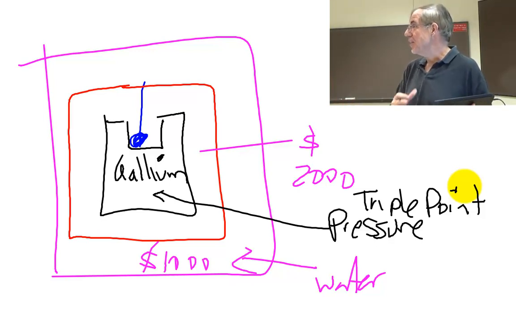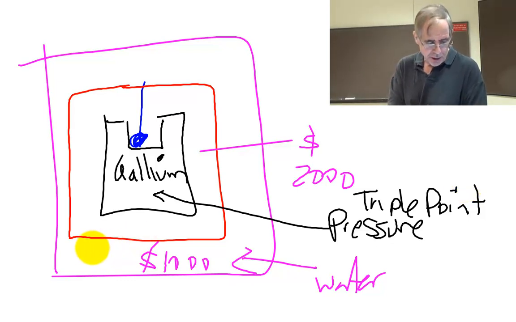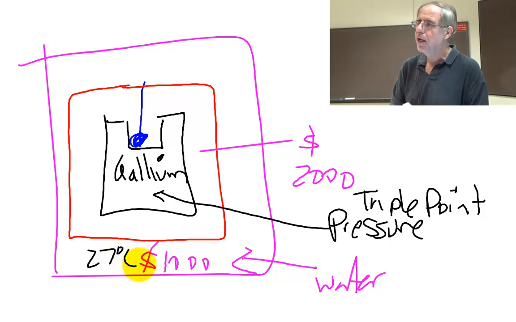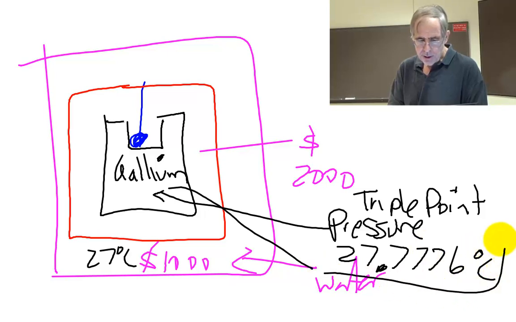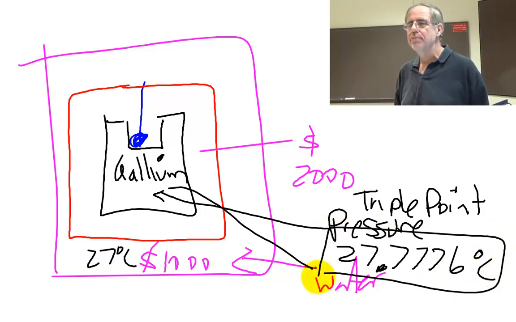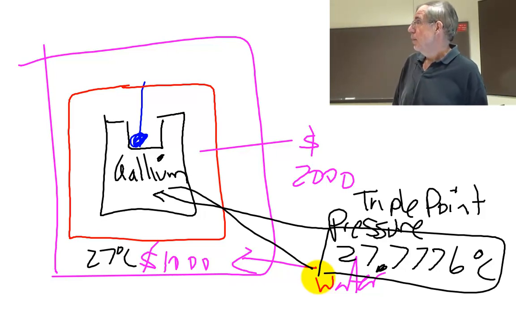It turns out if you take gallium and this has to be close to 27 degrees centigrade, this goes to 27.7776 degrees. I actually got a four decimal digit precision reference, if you really wanted to know what the temperature was.